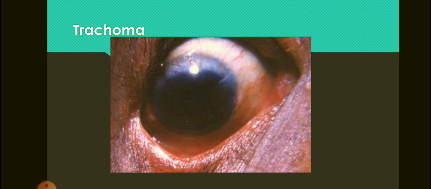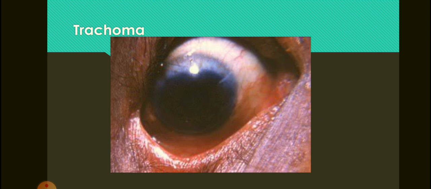In case of cornea, as I said, trachoma can lead to scarring. That scar can be macula, nebula, or leucoma depending on the depth of the scar. And as there are follicles with a tendency to creep over the cornea, it can also lead to loss of sensation of the cornea.